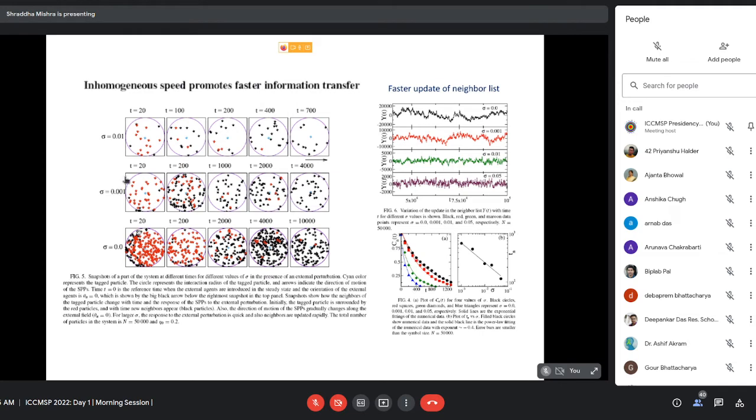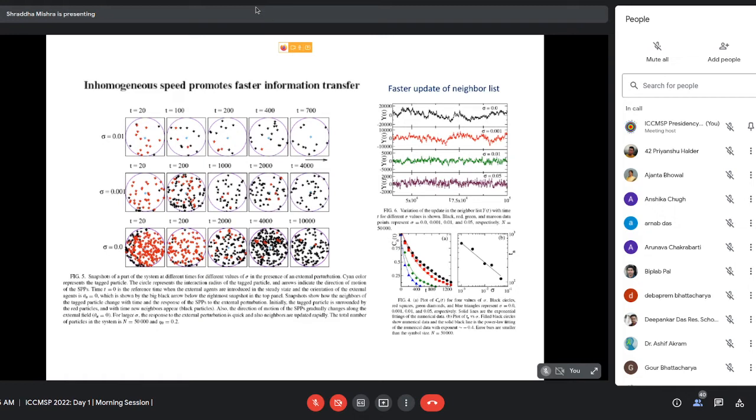The color of these arrows shows the following. I started my experiment at t equal to 0. In this picture, the red shows all the particles which were present in this small circle of interaction radius of the given cyan particle at time t equal to 0.